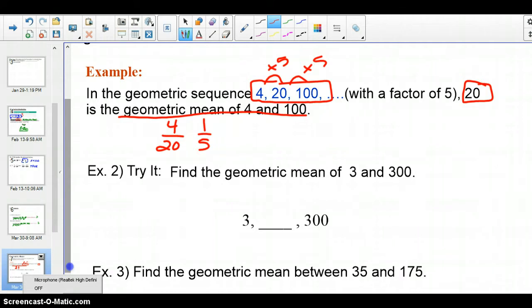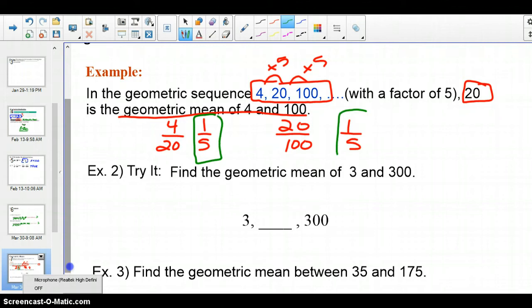And then if you looked at the ratio between 20 and 100, you would also see that this ratio simplifies to 1/5. Okay? So the geometric mean between 2 numbers creates this common ratio between the numbers.